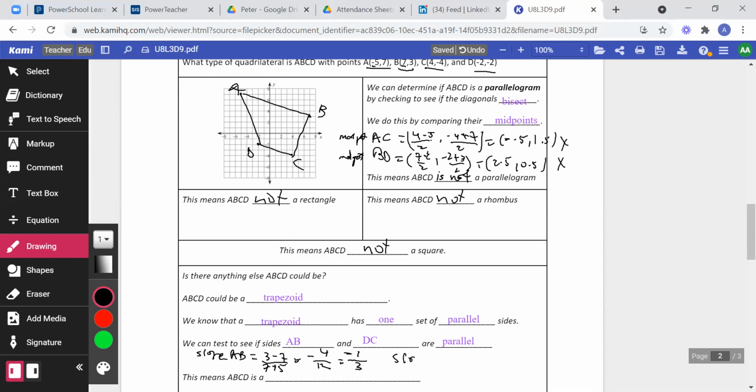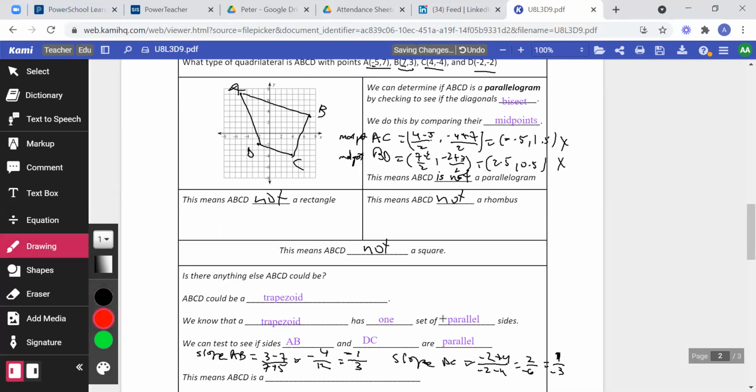Let's also find the slope of DC. The y component of D is minus 2. The y component of C is plus 4. And then the x components are minus 2, minus 4. Minus 2 plus 4 is 2. Minus 2 minus 4 is minus 6. If you divide 2 by 2, you have 1. You divide minus 6 by 2, you have minus 3. So the slope is minus 1 over 3.